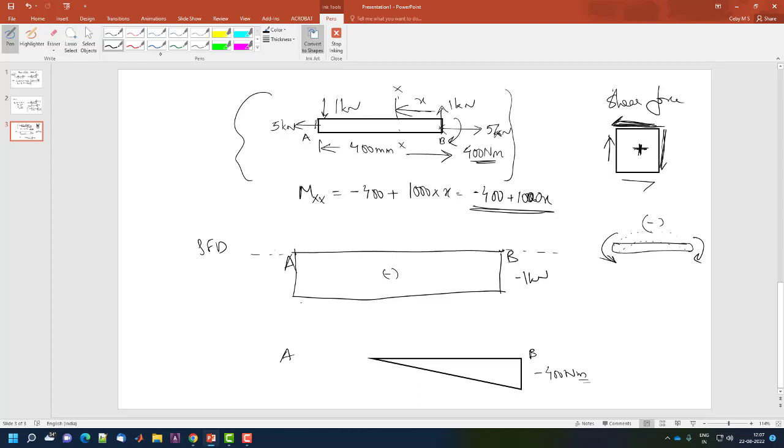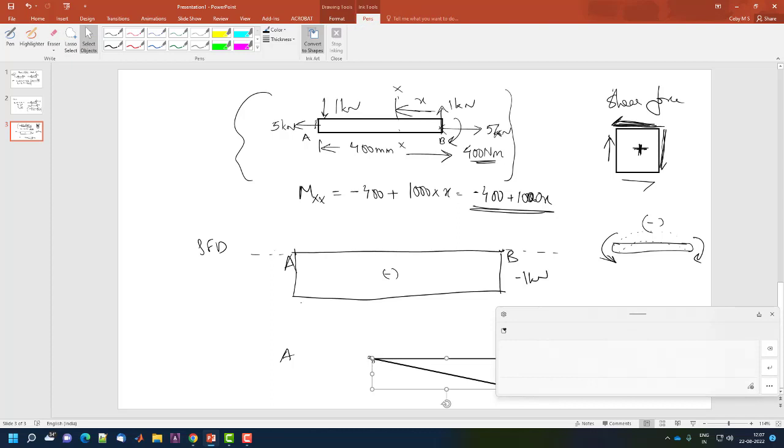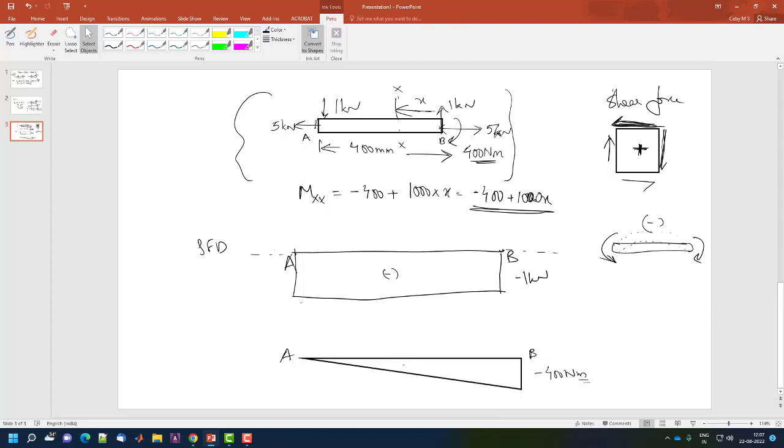It would be something like this. So this is the bending moment diagram, BMD. I hope you enjoyed the session. Thank you.